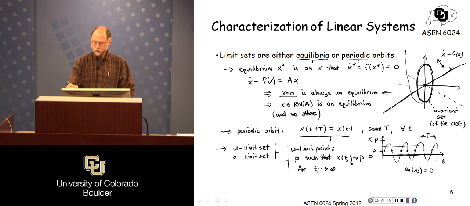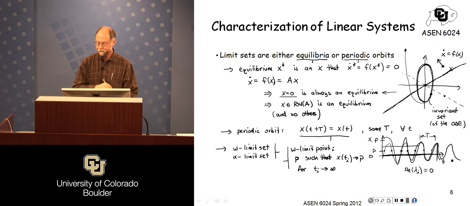What if I have a situation like this where I started somewhere but I end up converging to this periodic solution? So maybe I start up here somewhere, and I end up getting closer and closer to this periodic solution over time. Once again, in that case, I could identify points P that actually equal it, and it satisfies this case.